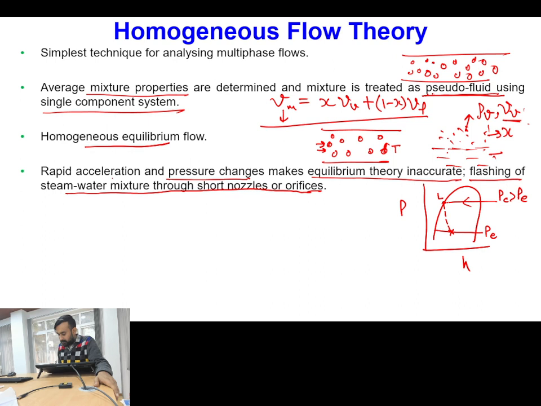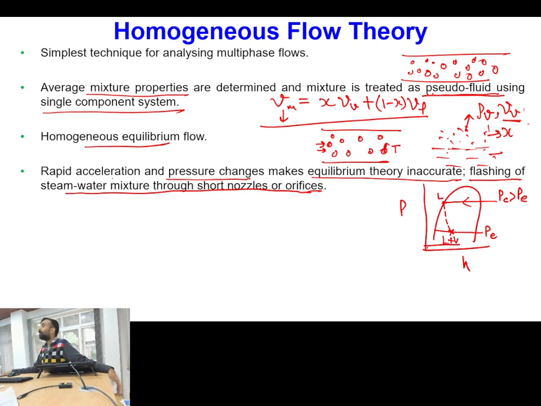At the entry of the throttle we are in the pure liquid region, and at the exit of the throttle we are in the mixture regime. So here I have the presence of liquid plus vapor, but within the throttle we are not adding any heat. Despite the fact that we are not adding any heat, still some portion of the liquid is getting converted into vapor. This is the phenomenon of flashing.